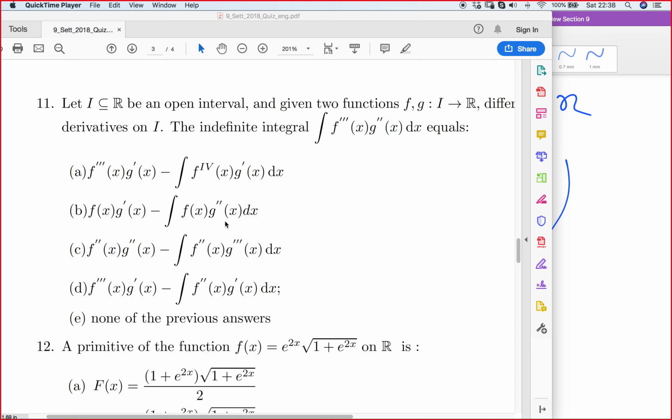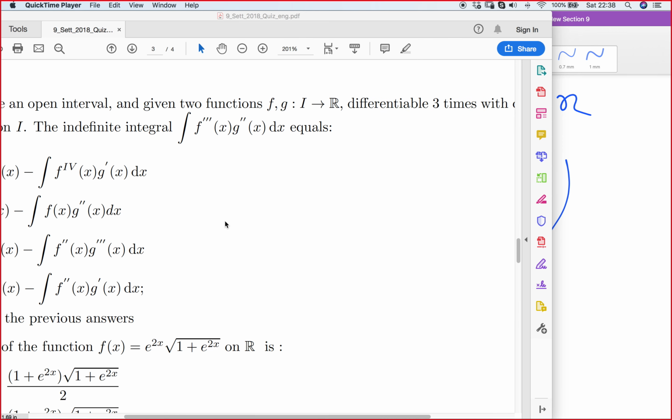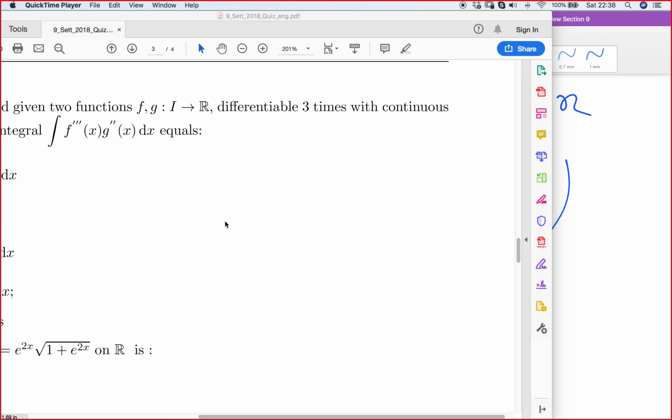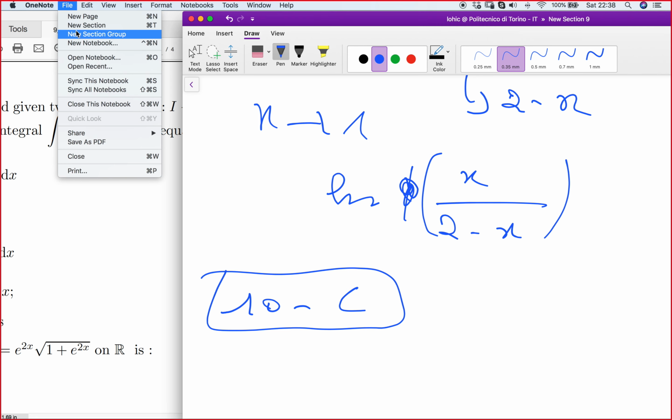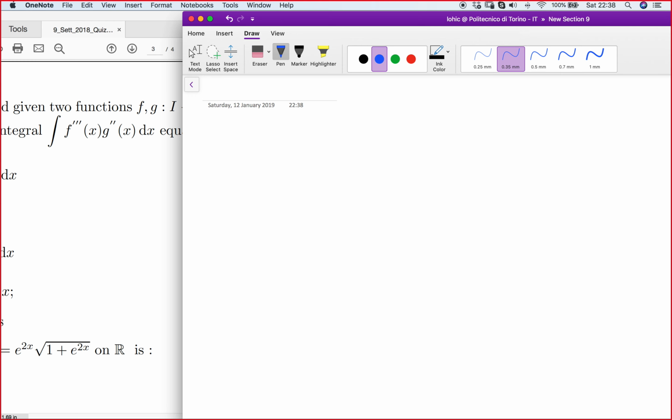So let I included in R be an open interval and given two functions f and g, from I to R, differentiable 3 times. So guys, keep in mind that here we have that the function is 3 times differentiable.